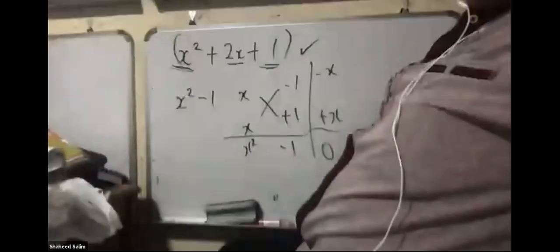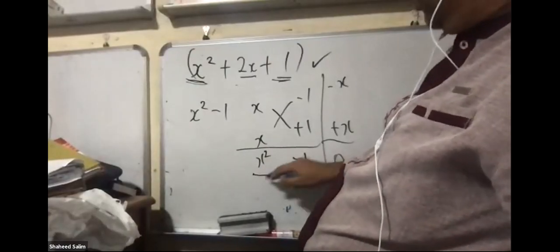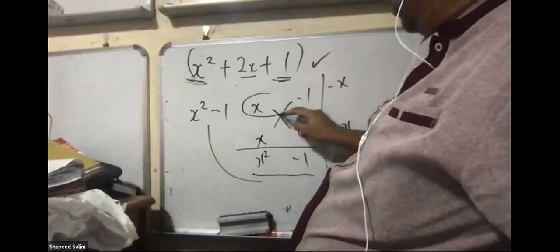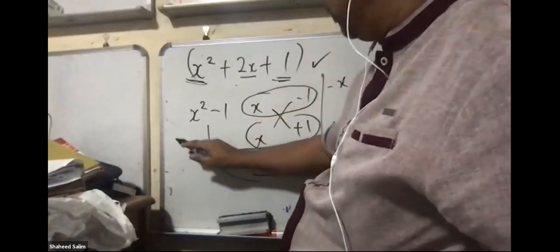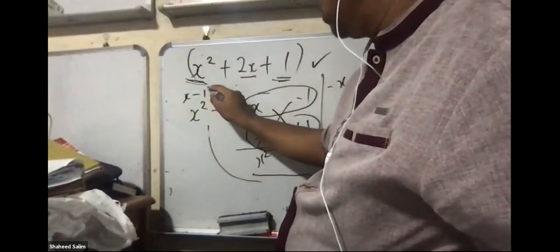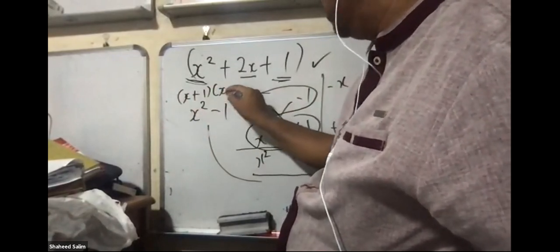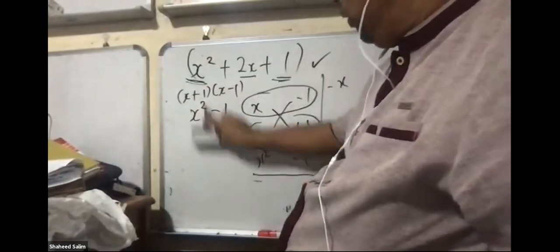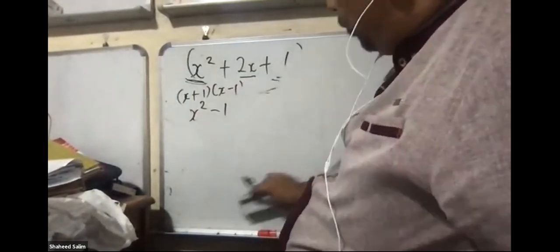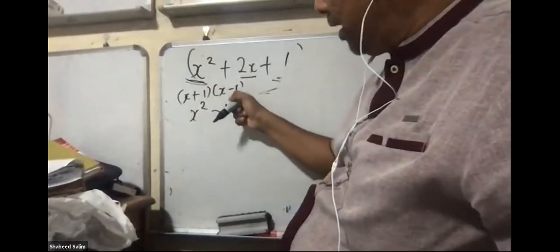Oh, you cannot see? You can see, yeah. Okay, I need to reduce the timing. Anyway, x squared minus 1. The factorized version, look at this: x minus 1, x plus 1, or x plus 1, x minus 1. Now I want you to observe a pattern. I'm going to give you a few sums to do. You try to factorize and make it like this.